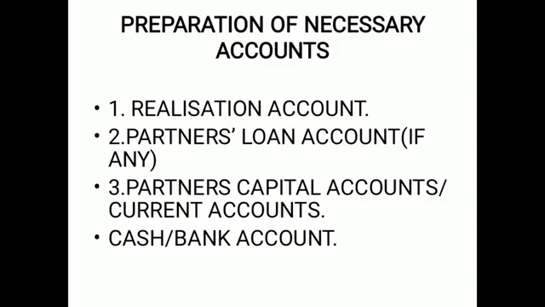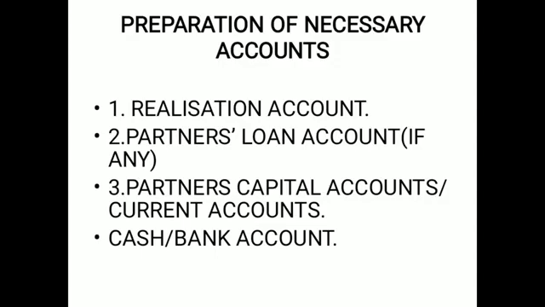The question might be: which are the accounts to be prepared at the time of dissolution? First is the realization account, then the partner's loan account if any. That means if it is mentioned in the given question that the partner has given a loan, only then is the partner's loan account to be prepared.